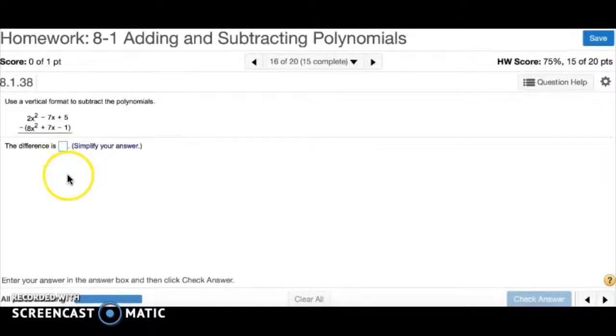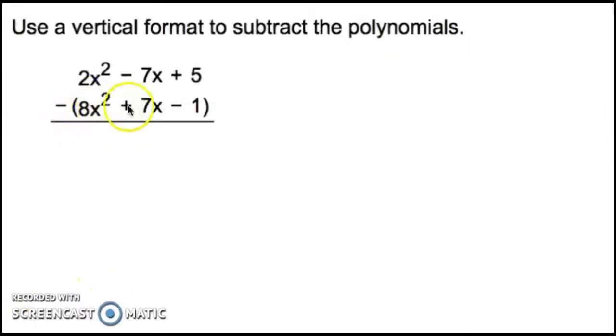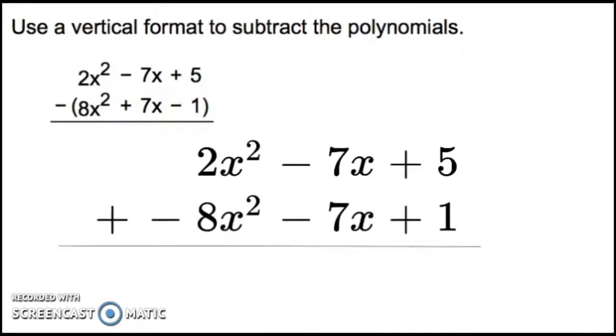Number 16, it says to use the vertical format to subtract the polynomials. So let's take a closer look at it. Since we're subtracting the entire second polynomial, we have to change all the signs. So rewrite the first one, and the bottom will have negative x squared, negative 7x, and plus 1. 2x squared plus negative 8x squared is negative 6x squared.